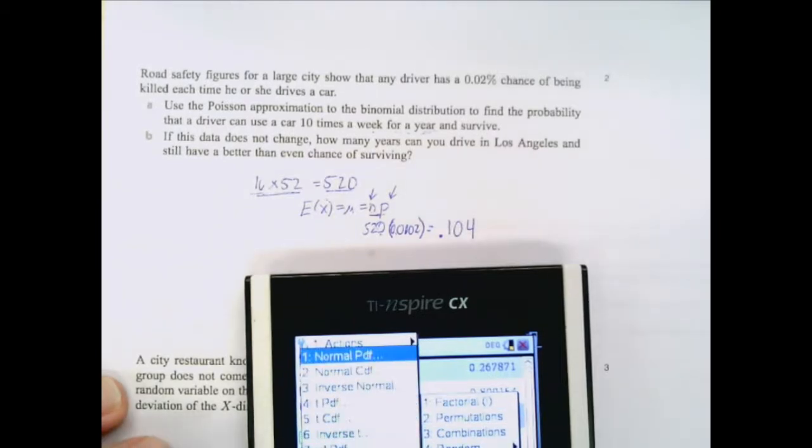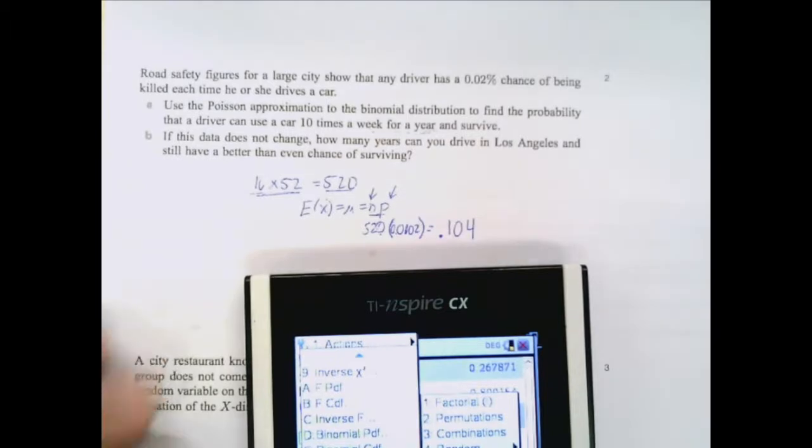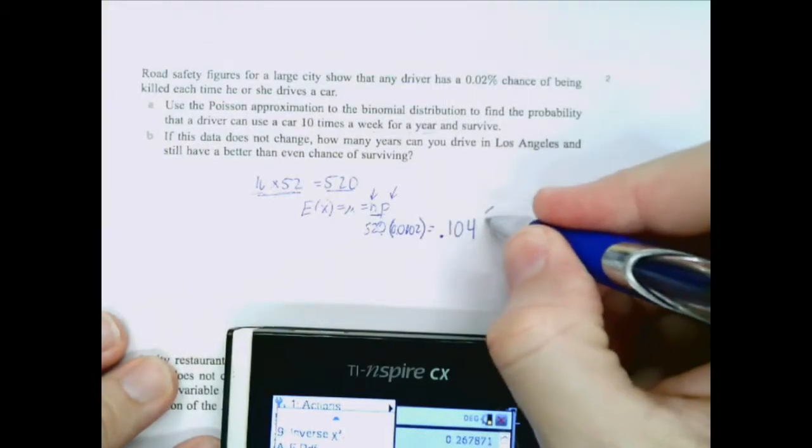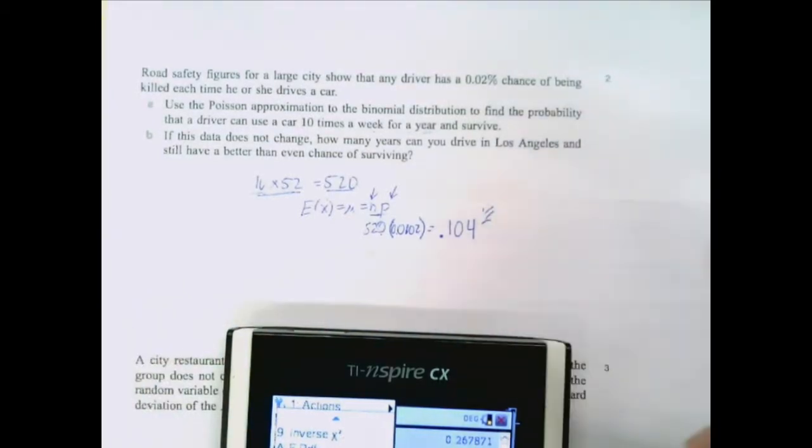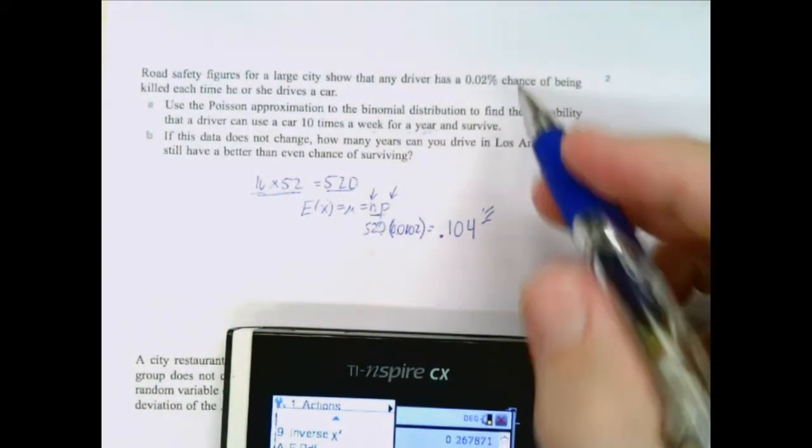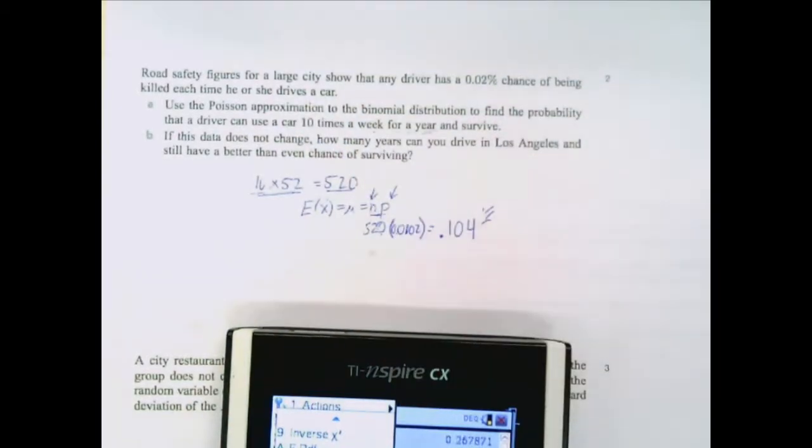Note that just like there's a normal CDF and binomial CDF, there's also a Poisson PDF and CDF. I'm going to do Poisson PDF, because this right here is the probability of a death, of being killed out of those 520 times.